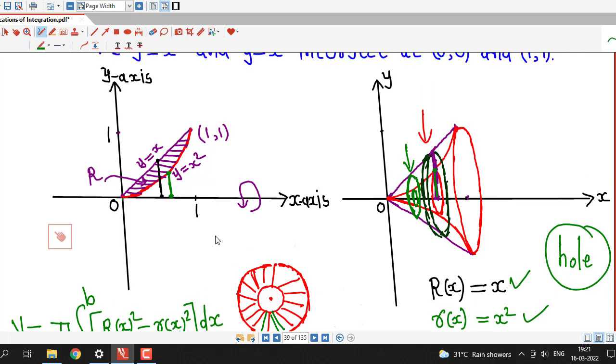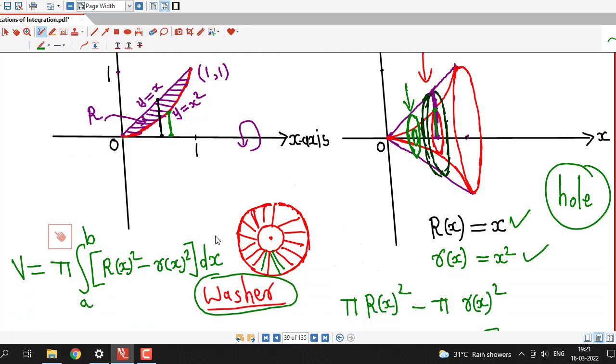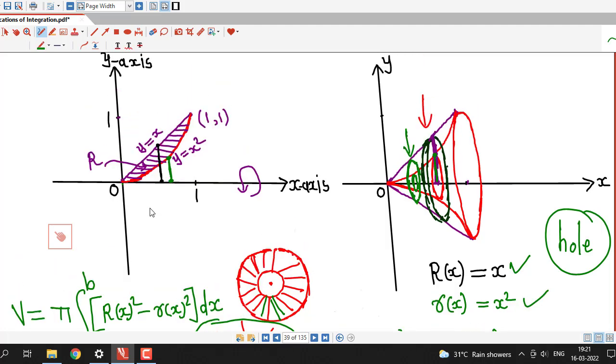Now suppose you want to decide the outer and inner radius from the graph of the plane region, then you can decide in this way. Suppose we are interested in the outer radius, then the outer radius is the distance between the top curve and the axis of rotation. Here the curve at the top is x, so the distance between this curve and the x axis is x.